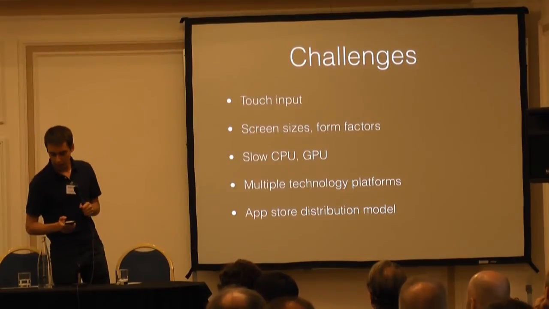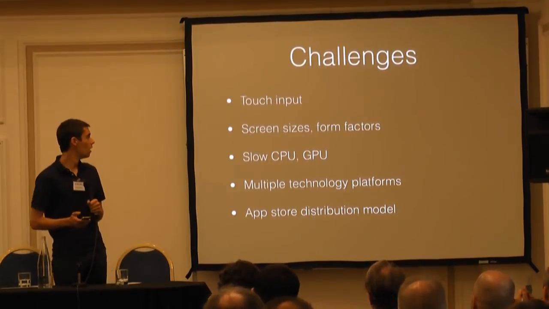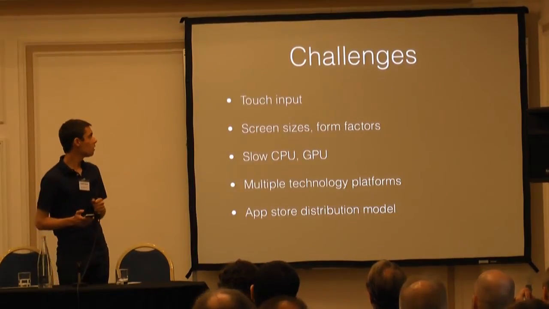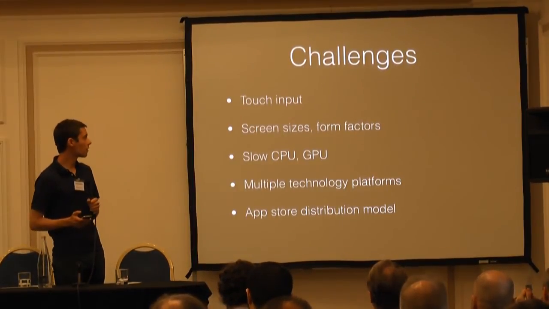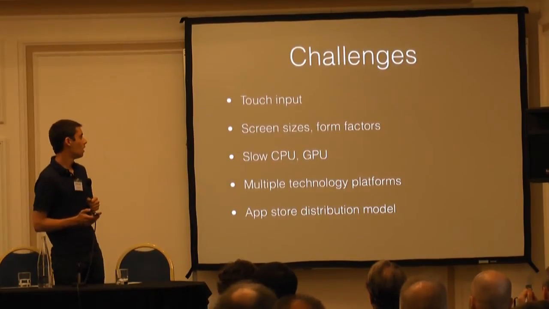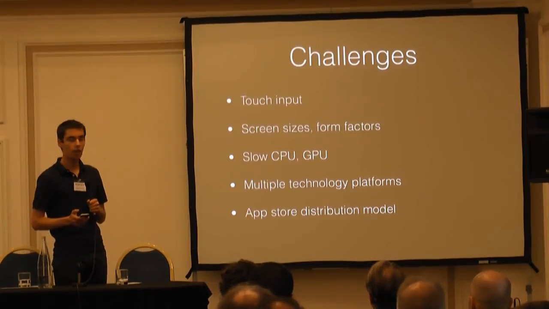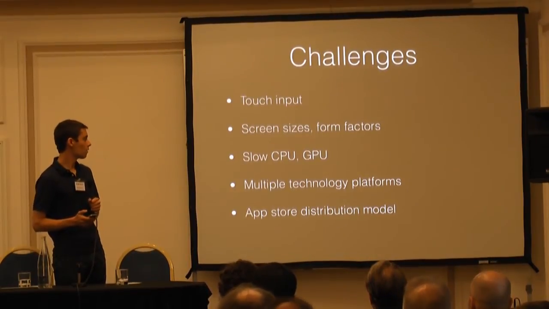So as with any change, there are significant challenges. In the case of mobile, there are small screen sizes, and the hardware itself is slower. We're seeing a variety of mobile platforms, which makes it harder to develop for.